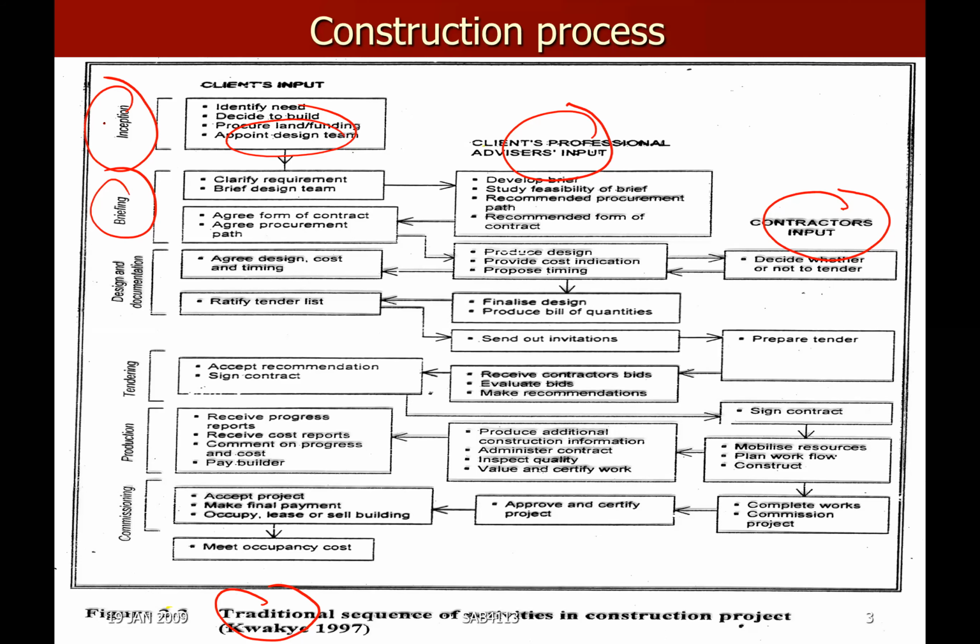consists of limited information, because everything is not clear yet, on what could be the intention of the client. They have already decided on what to build, but basically the client wishes, if they want to build a hotel, what kind of hotel, what could be the concept of the hotel, etc. That could be some of the preliminary information, but not so many details because the client also does not know the details.